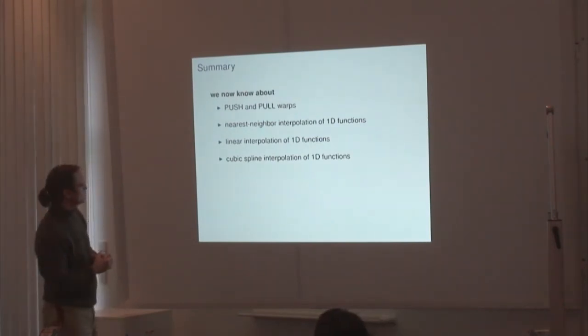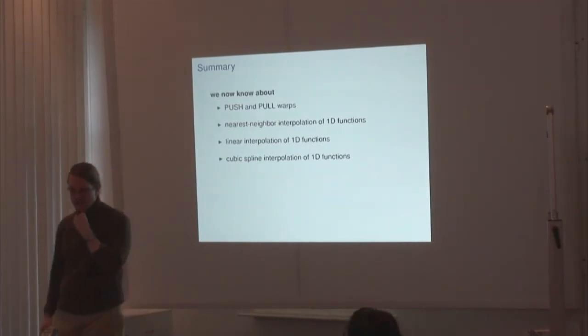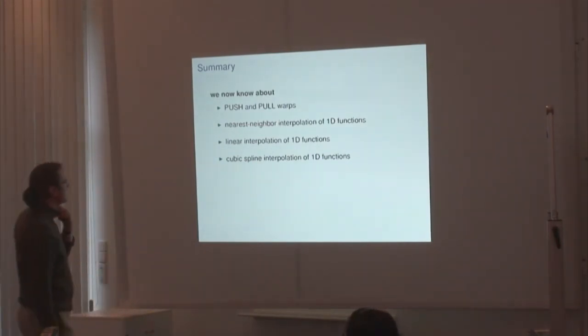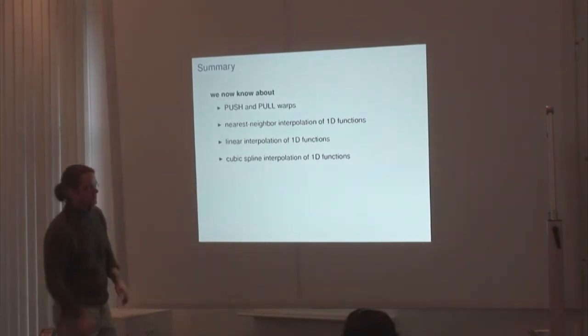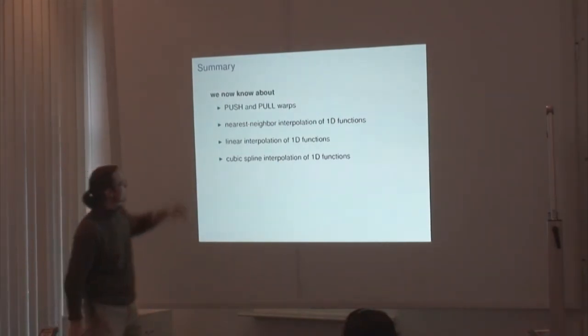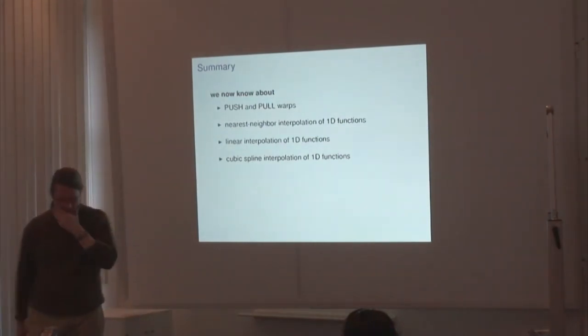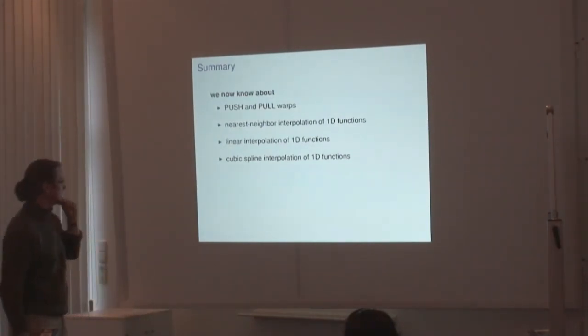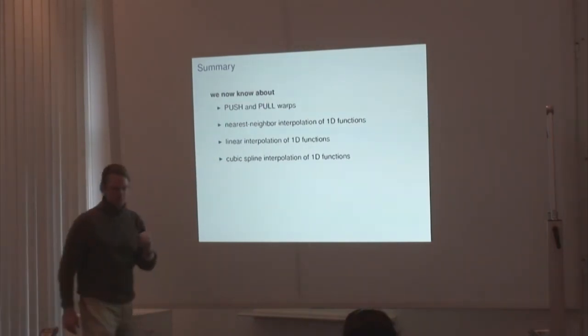And then we studied 3 different kinds of interpolation methods. Actually 4, but I am ignoring the Lagrange polynomials here. We looked at the idea of nearest neighbor interpolation. We looked at the idea of linear interpolation. And we looked at the idea of cubic spline interpolation.